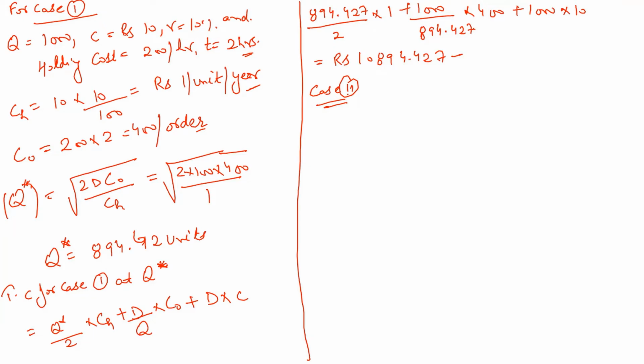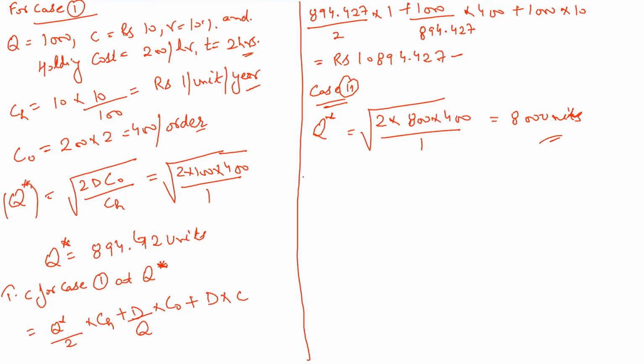Similarly, considering case 2, when 800 units are ordered from vendor X, we have to calculate the total cost from vendor X. Q star would be square root of 2 into 800 into 400 divided by 1, which would be 800 units.